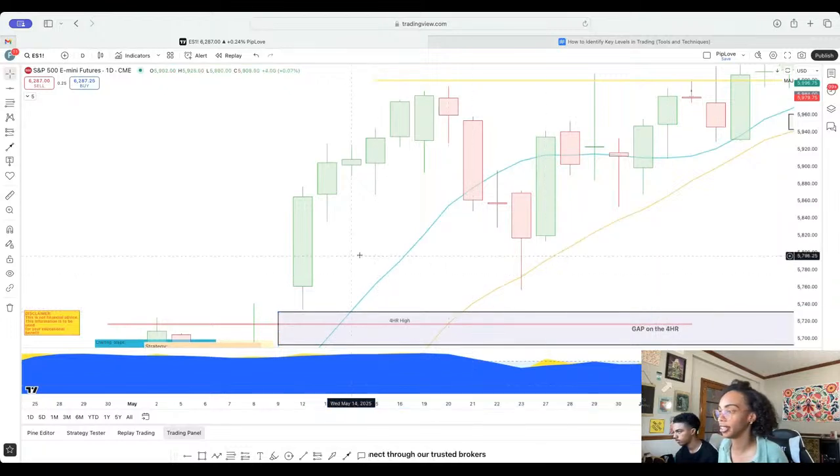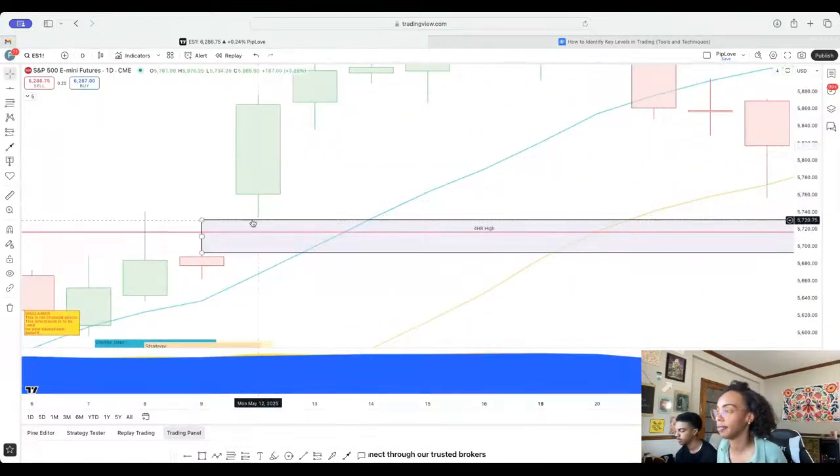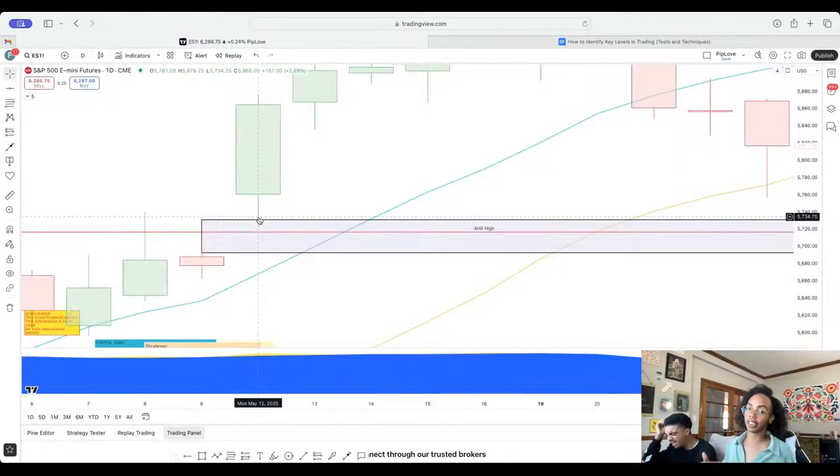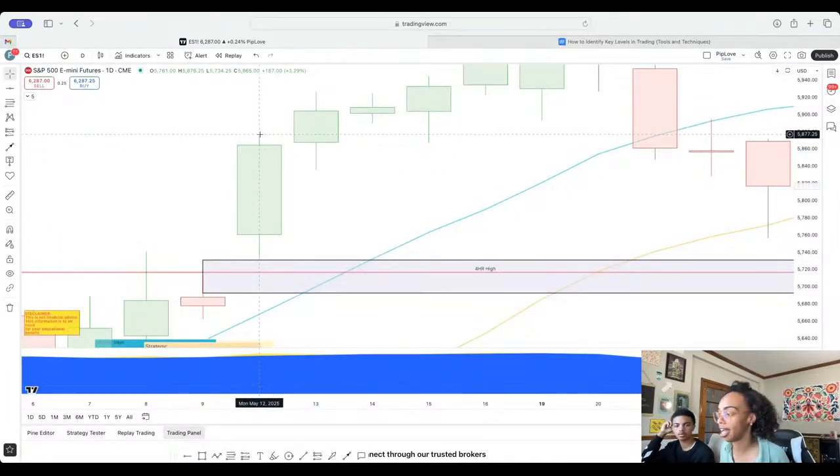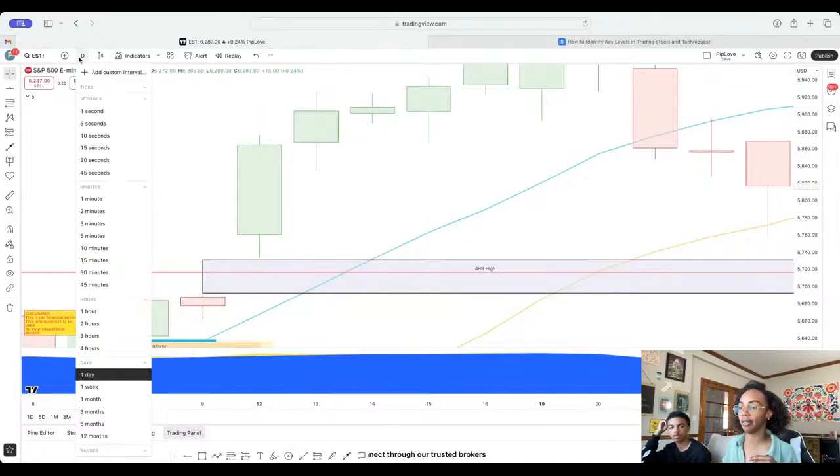Down here where we have this wick at 57.34, that would have been the previous day low. Then we have our open here at 58.65, and our previous day high at 58.77. So go to the daily time frame, the 1 day, and look at the candle from the day before. Look at where the market opened, where it closed, where you have your low, and where you have your high.